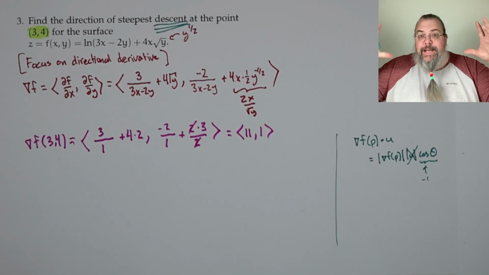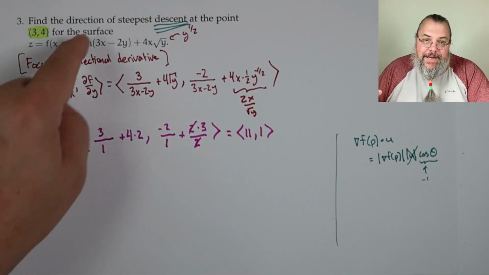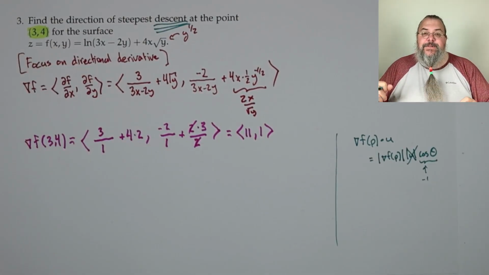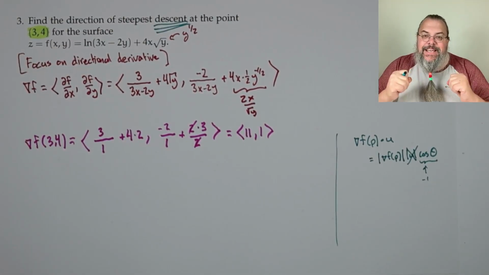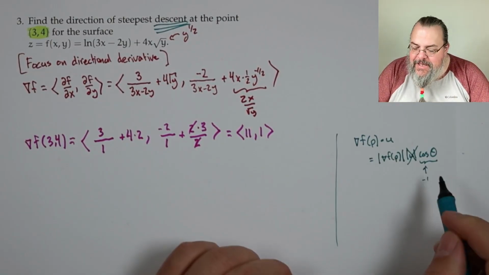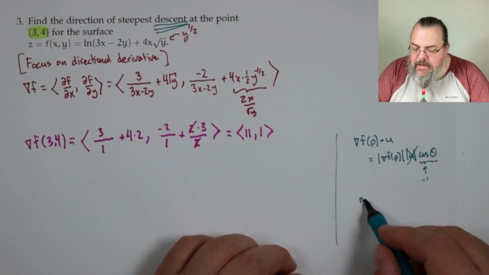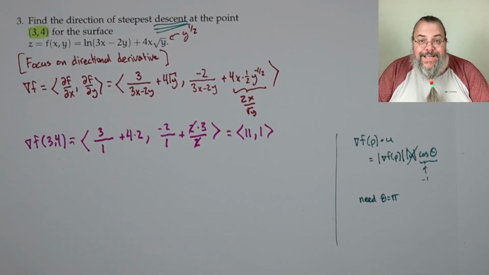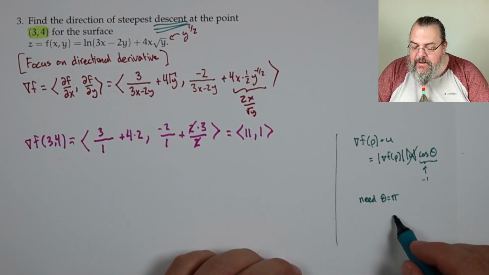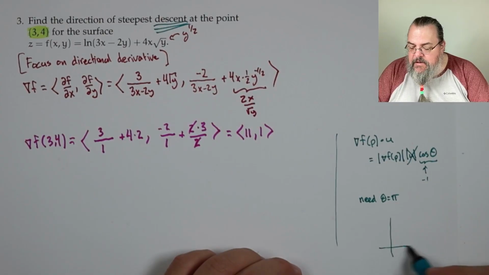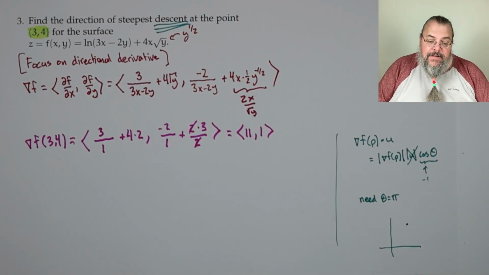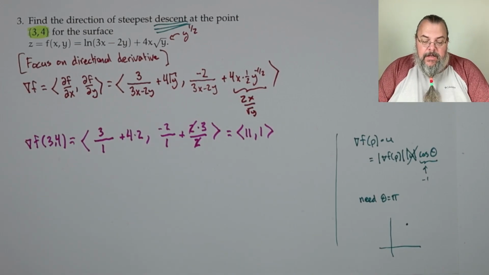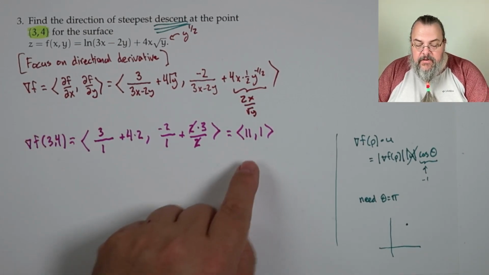Now, that's the rate. We were asked for the direction. So, what does that tell us? Well, it tells us we need theta equals pi. But wait, what is our theta? Well, what theta says is we're at this point 3, 4. We have a vector, that's the gradient, and the gradient vector is here.